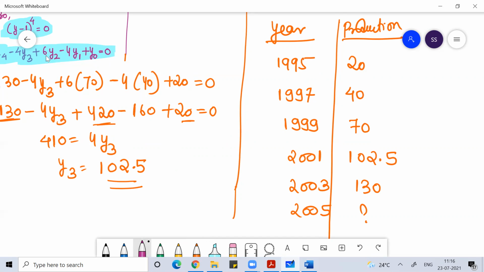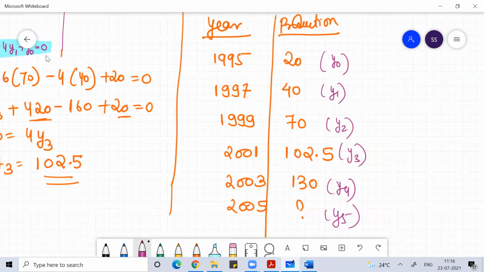So this you wrote as y0, y1, y2, y3, y4, and this is y5. Now I need the value of y5, guys.